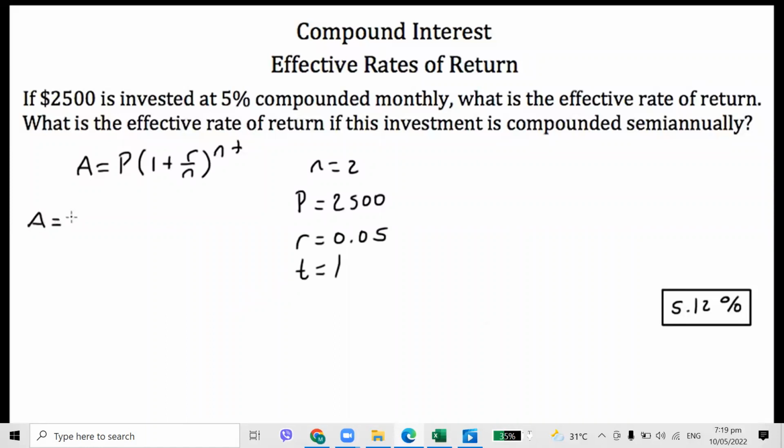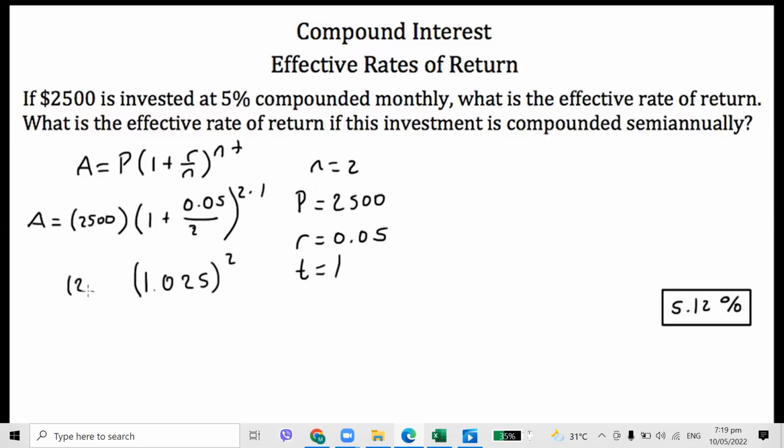A is equal to 2,500 times 1 plus 0.05 over 2 this time, all to the 2 times 1 power. 0.05 divided by 2 is 0.025. Add that to 1, and this is 1.025. Raise that to the 2 times 1 power, or square it, and then multiply that by 2,500.